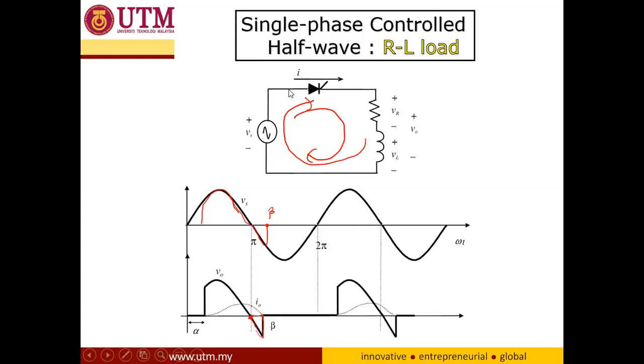Since the SCR is reverse biased, it turns off, and V out is disconnected from the source, which is why the output voltage is equal to 0 until the next positive cycle of the source. I hope you understand the operation of the RL load with the SCR.